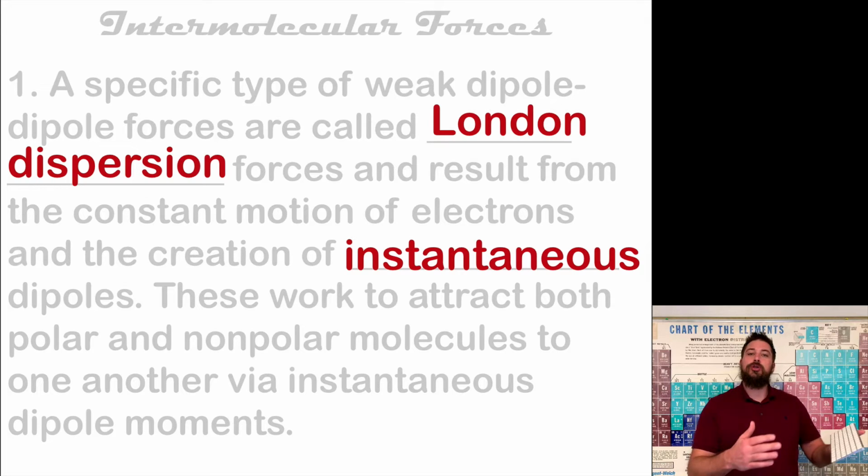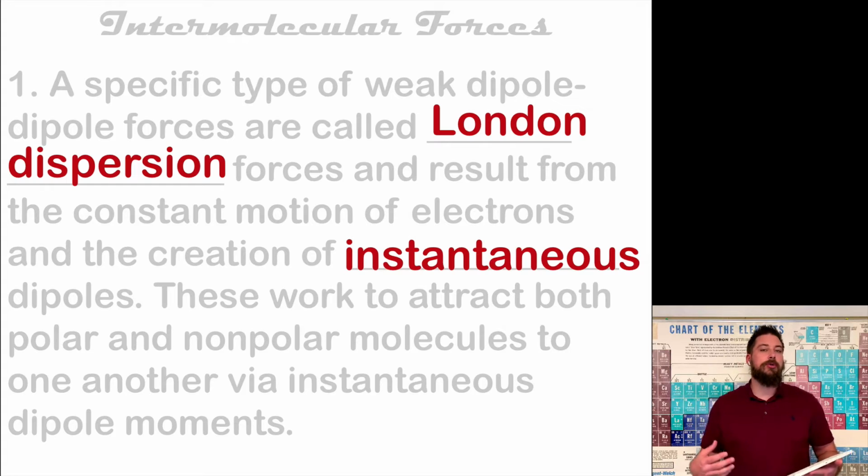So we're going to go through 4 types of intermolecular forces, starting with the weakest one and going to the strongest one. A specific type of weak dipole-dipole force is called London dispersion forces.